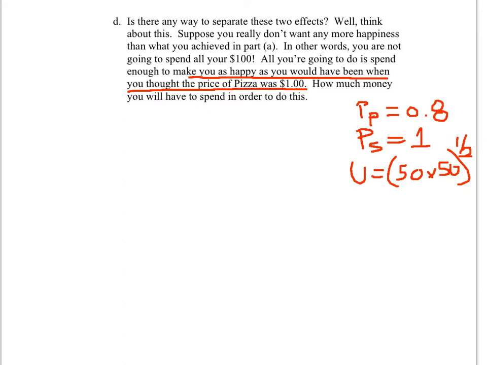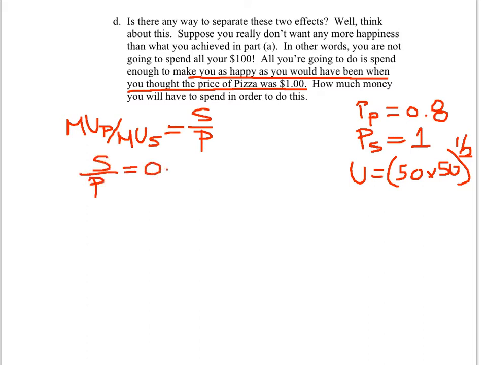Now, since you haven't changed your preferences, that means that the ratio of the marginal utilities of pizza to spinach is still the same, which, remember, was S over P. And since your price of pizza is 80 cents, you're going to use the maximizing equation that you actually used in part B of the problem, which is S over P equals 0.8.